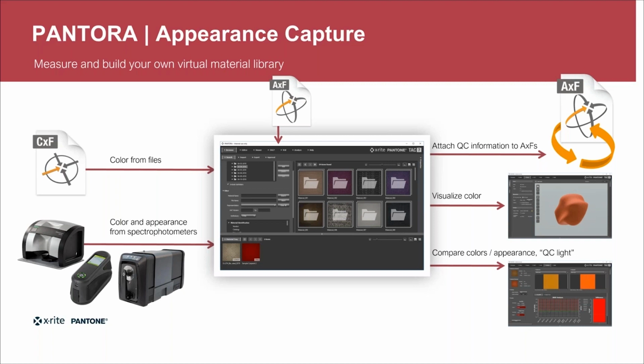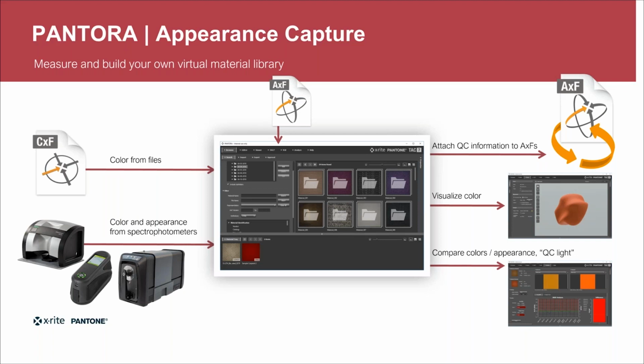Then we have some of our instruments. So down on the bottom left, you're seeing 3 instruments that are perhaps instruments you're already using for different color quality control purposes or simply color specification purposes. We have on the left the MetaView, which is a 45/0 degree spectrophotometer.